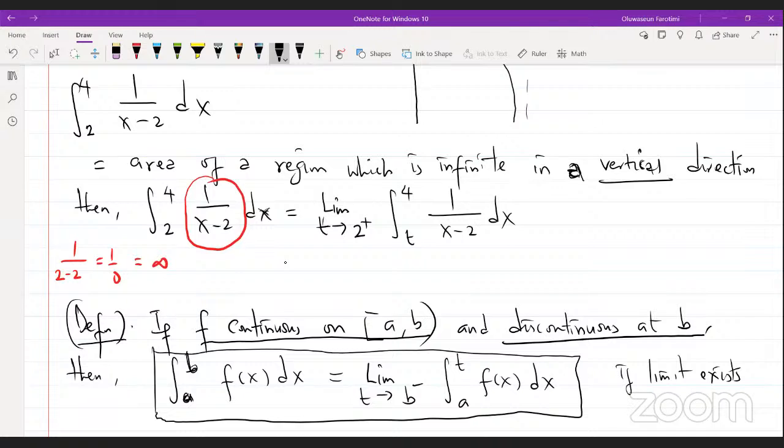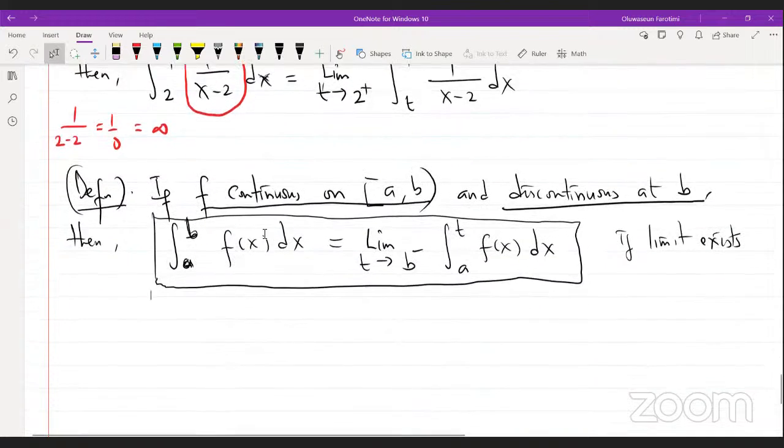In this case, when you have the discontinuity at b, that means your limit is as t goes to b from the left. So you have b and then you have this little negative sign over there. Okay, so let's move on.